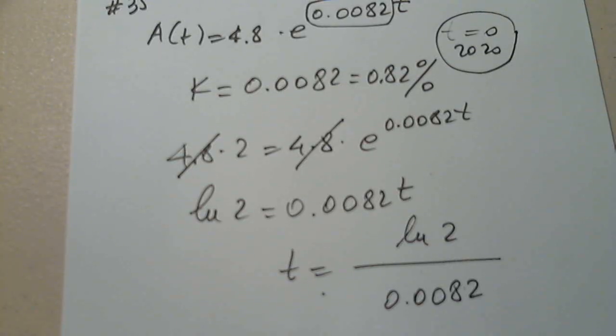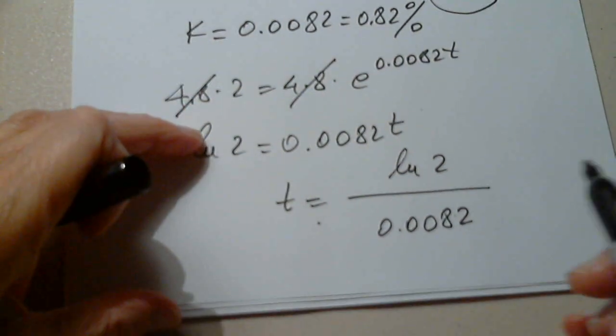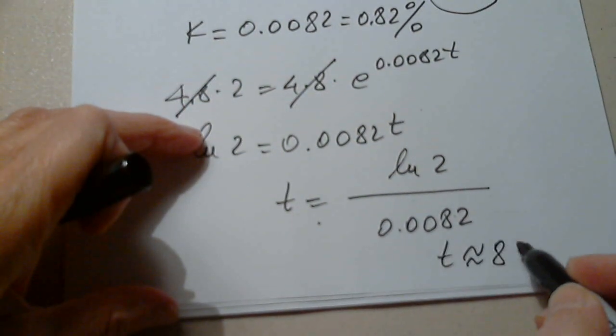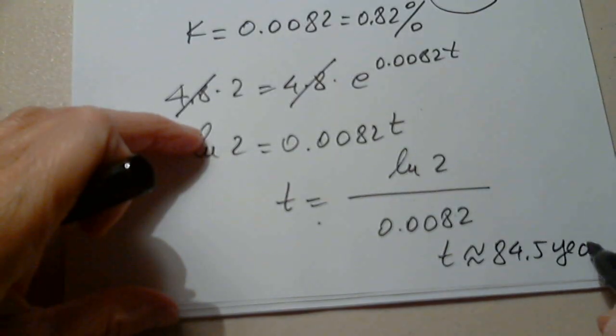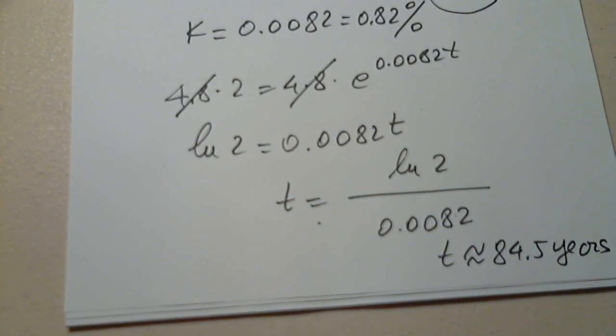So natural log 2 divided by 0.0082, and this is it: in 84, roughly 84 and a half years.